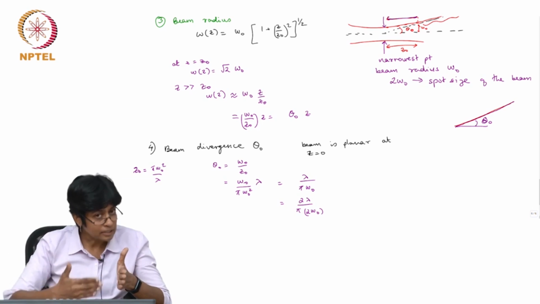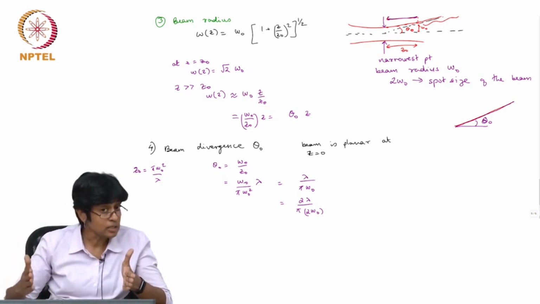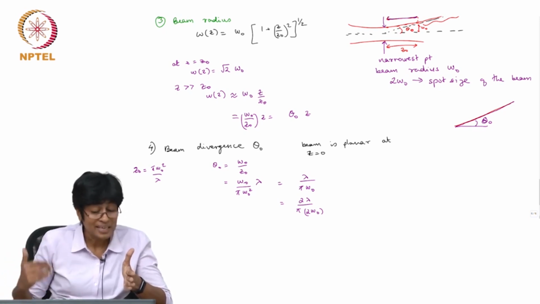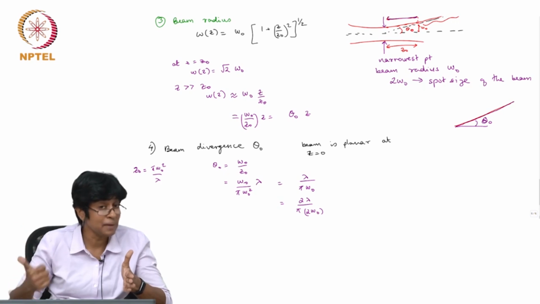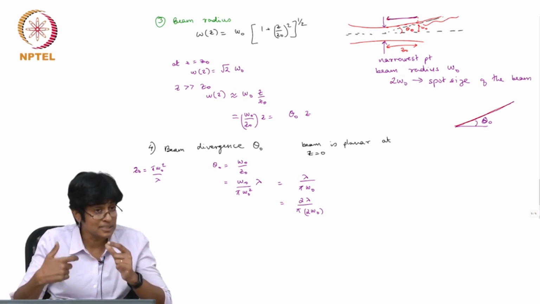Theta naught gives me an idea of the divergence of that beam, but theta naught is not independent of the other parameters of the Gaussian beam. It depends on the wavelength of the beam and its initial spot size, omega naught. It's inversely proportional to omega naught. What does that tell me?